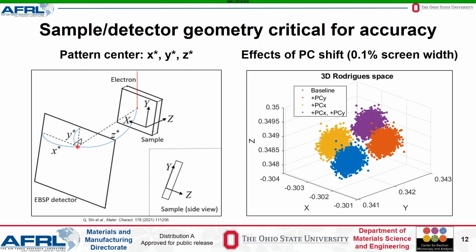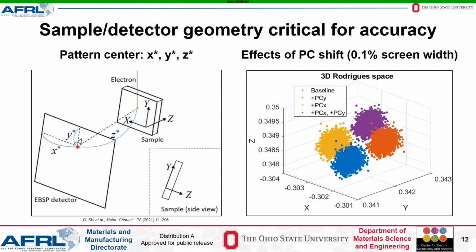And since the pattern data here is from a 1 micron square on the silicon wafer, nominally all the orientations are the same, and the small clouds are essentially just the noise floor. So you can see the orientation shift from the pattern center shift is small, on the order of 0.1 degrees in all three cases. It's clearly detectable with this level of precision.